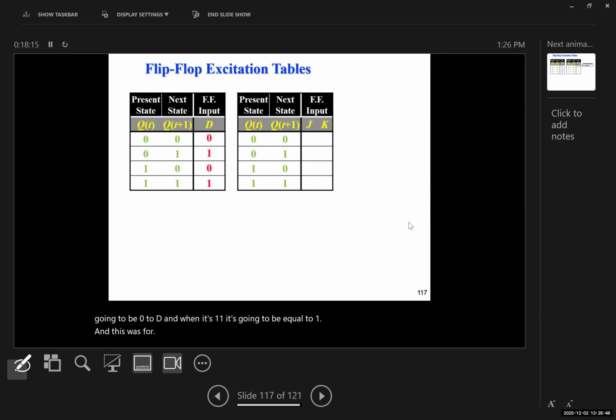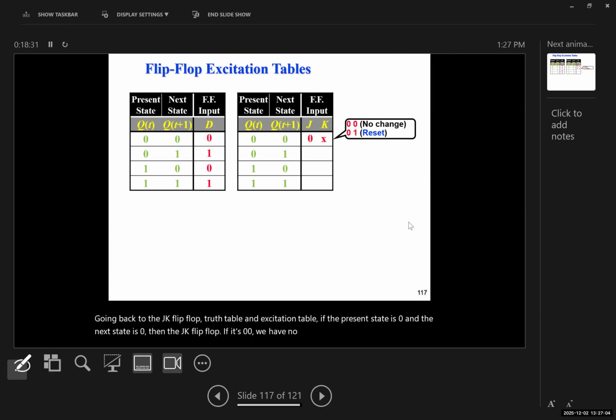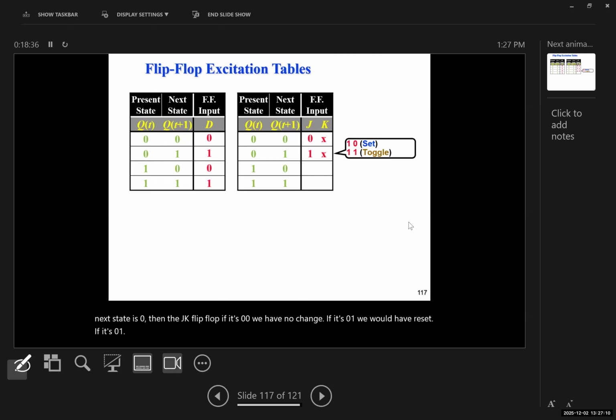And this was for D flip-flop. For the JK flip-flop, going back to the JK flip-flop truth table and excitation table, if the present state is 0 and the next state is 0, then the JK is 0, 0, no change, or 1, 0, which is no change or set. If it's 0, 1, we would have reset or toggle.